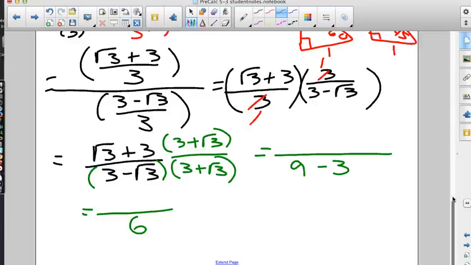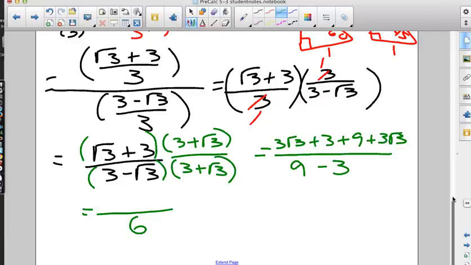And then just take your time, because the top is going to take a little bit longer, and do your square root of 3 plus 3 times 3 plus the square root of 3. In fact, I'd be really tempted to just turn these two around so that you can get a nice pattern there. But either way, 3 times the square root of 3 is 3 square roots of 3. Outside times outside, plus 3. Inside times inside, plus 9. And then last times last, plus 3 square roots of 3.